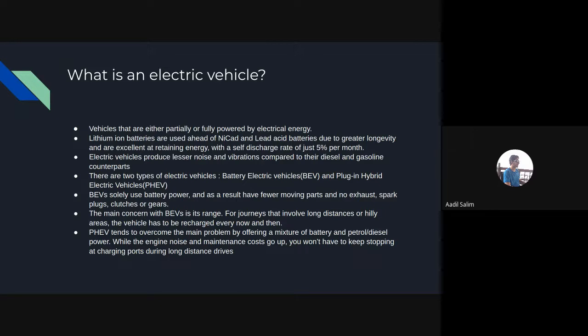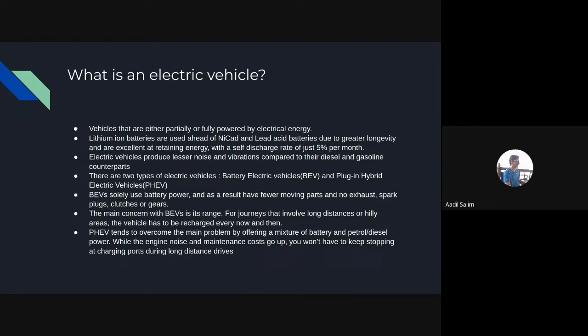Electric vehicles are found to produce much less noise and vibrations compared to those that have diesel or gasoline run engines. The obvious reason I can think of is that those engines, diesel, gasoline, are collectively termed internal combustion engines because they involve the combustion of fuels.